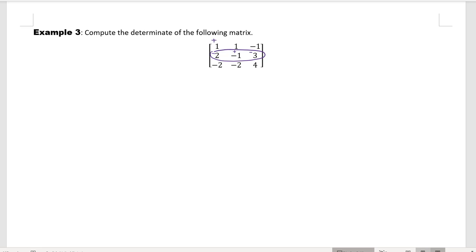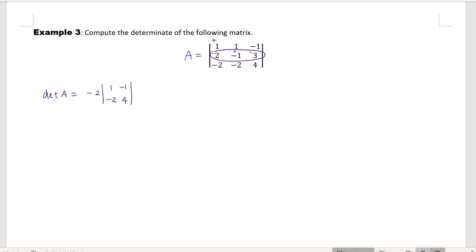Alright, and so let's say this is A, and then the determinant of A is, so we do -2 times the determinant of the submatrix by deleting the second row and the first column. So we have 1, -1, -2, and 4.